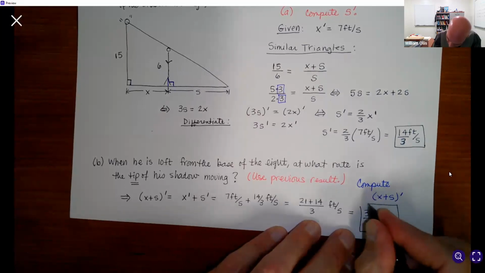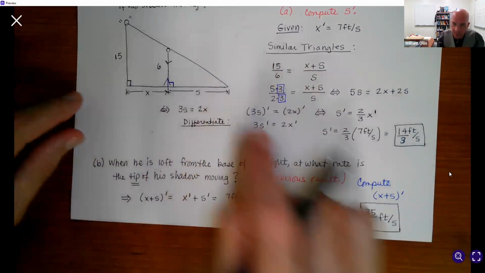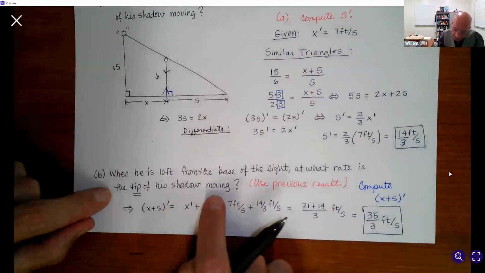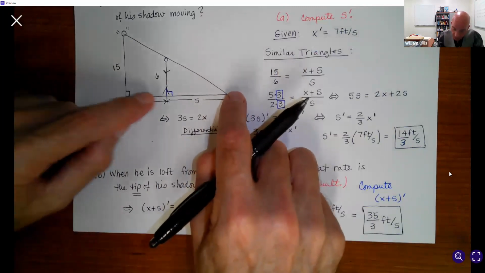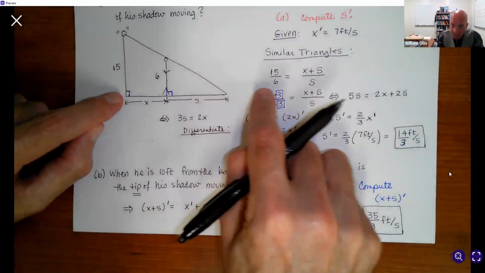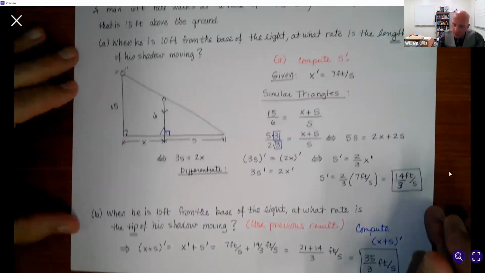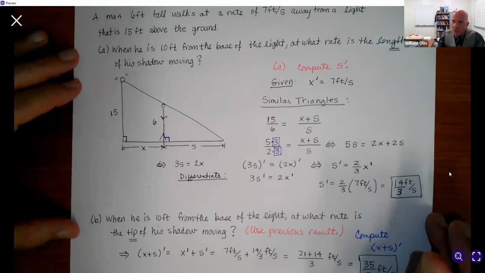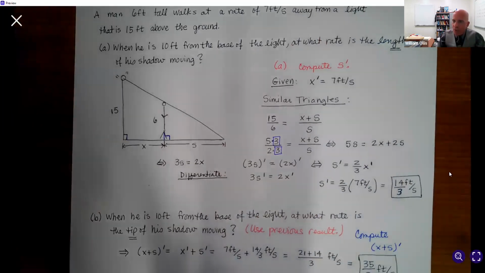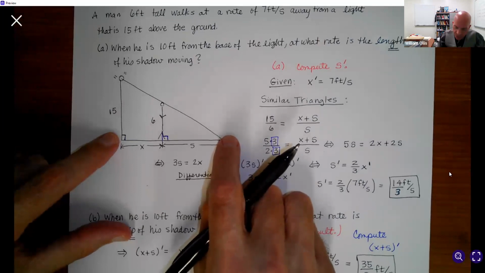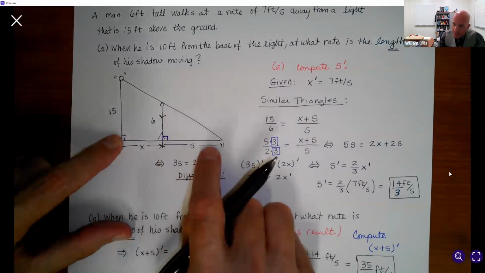So that is the rate at which the tip of his shadow is moving right here. So again, it's how this whole distance is changing. Actually, when you think about the problem, it's more of a play just on how we verbalize it. The tip here is changing as the sum of these is changing.